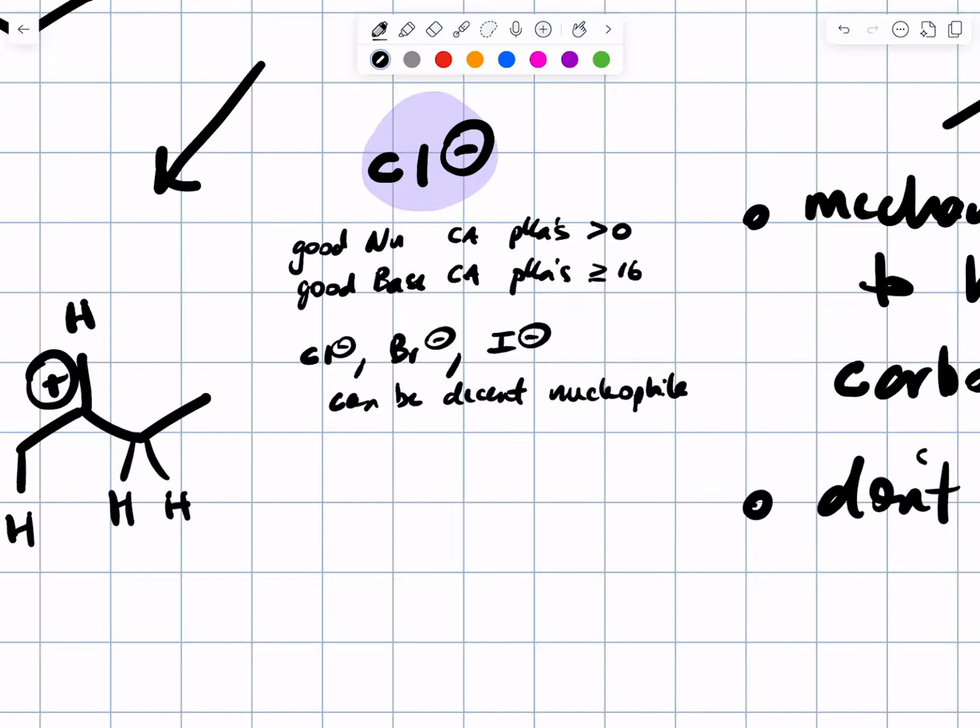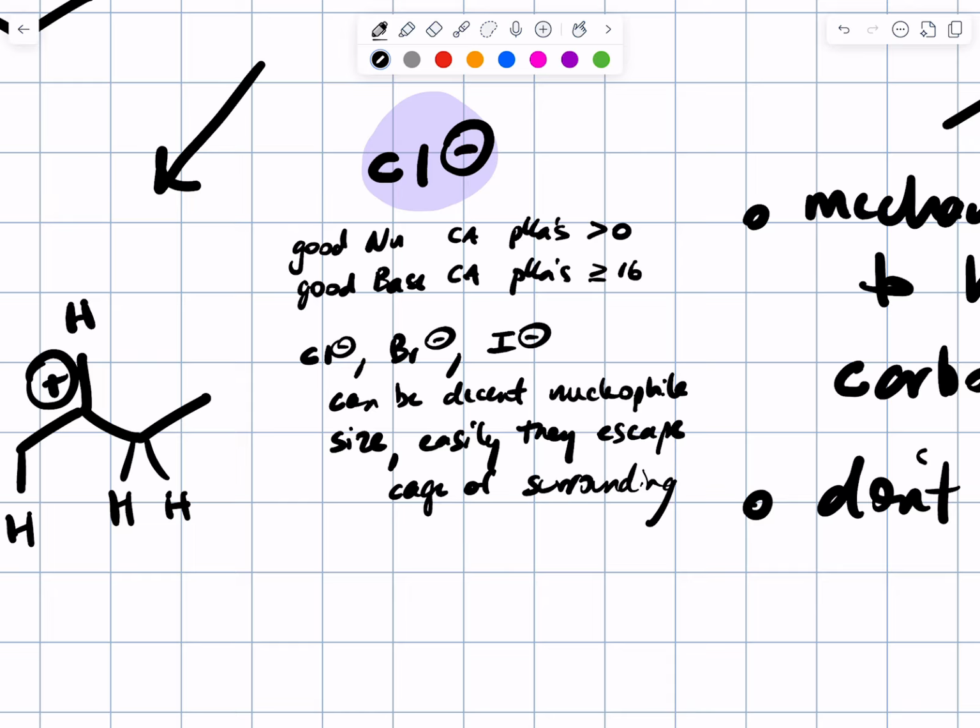And part of this has to do with their size and how easily they escape the cage of surrounding solvent molecules. This is more of an issue in protic solvent that can hydrogen bond with the anion. We didn't talk in a lot of detail about protic versus aprotic solvents in chapter 7, mostly because it didn't really move the needle on whether the reaction was going to be SN1 or SN2.